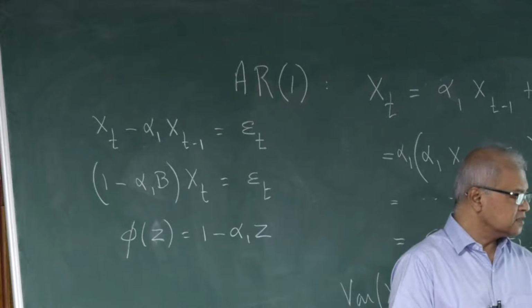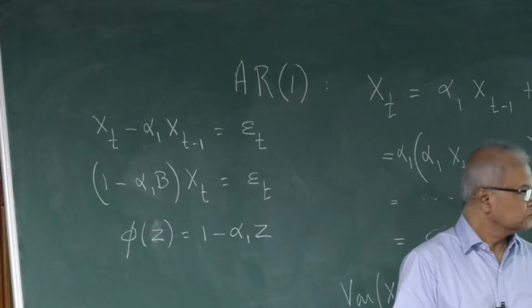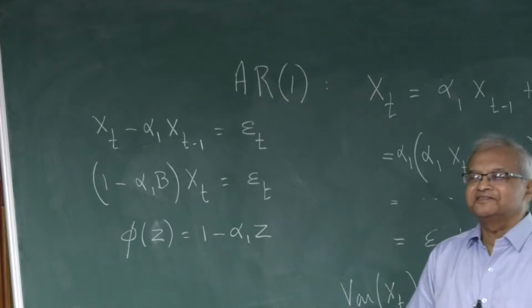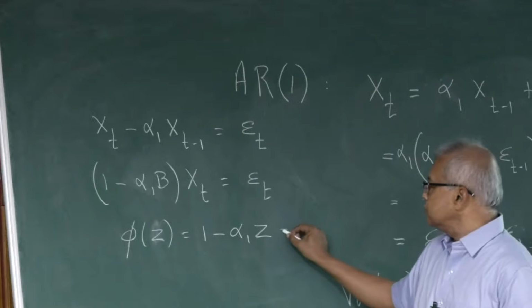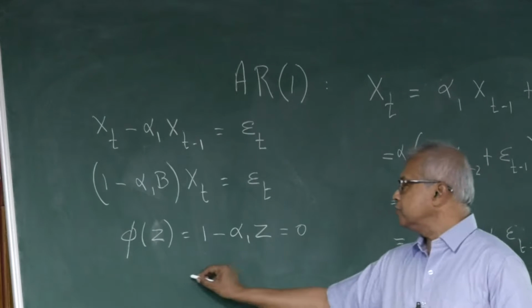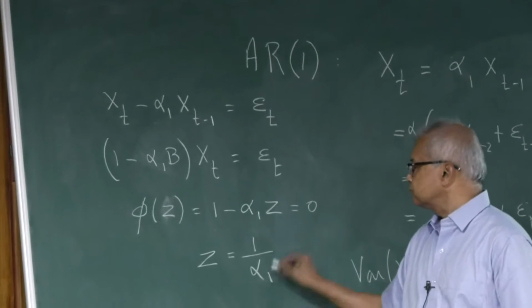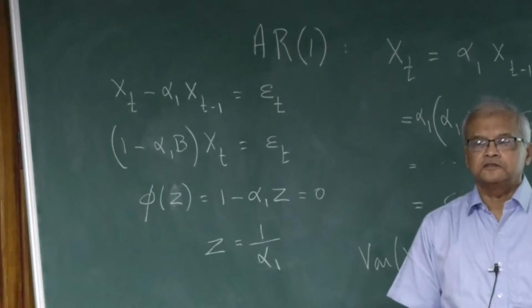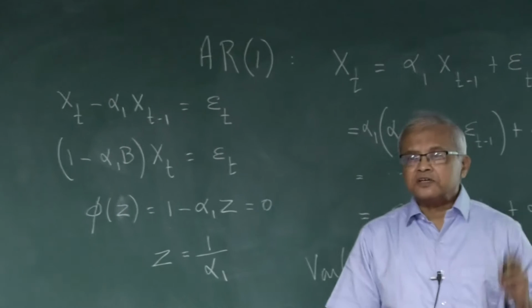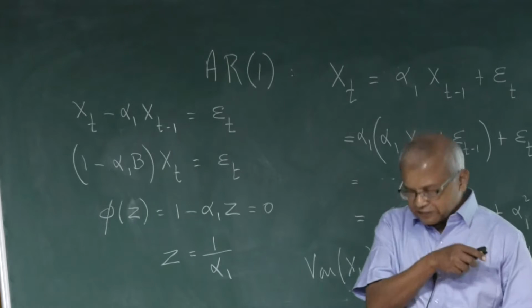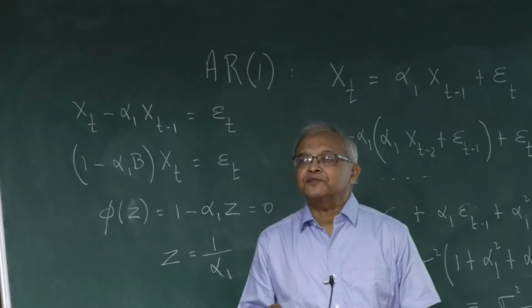What is the root of this polynomial? How do you get the root? Equate it to 0, solve, z would be equal to 1 over alpha 1, right? When is the process stationary? I just told you.